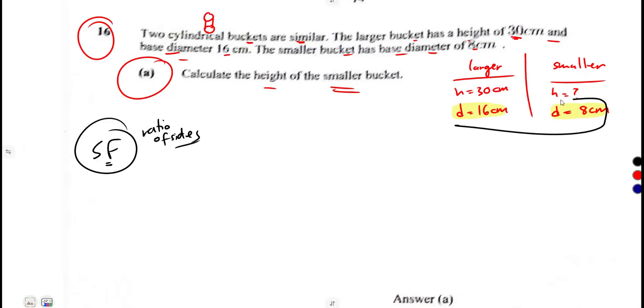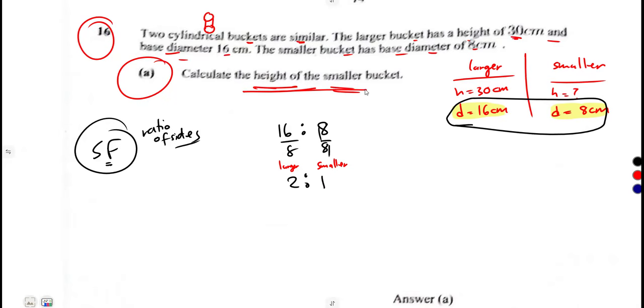So from what is complete, the diameters, the diameter of the larger one, 16 as to 8. So we can reduce it by 8 by 8. That's going to be 2 as to 1. So this is our ratio. 2 centimeters as to 1 centimeter, the ratio of the larger to the smaller one.